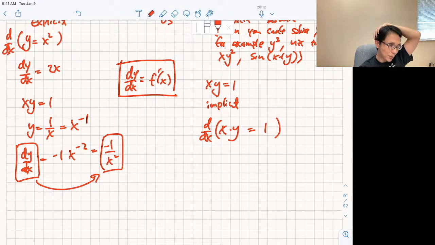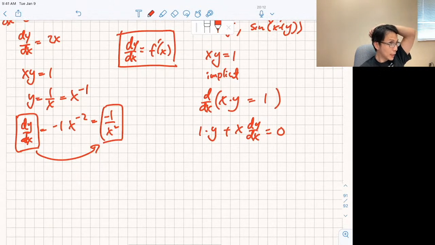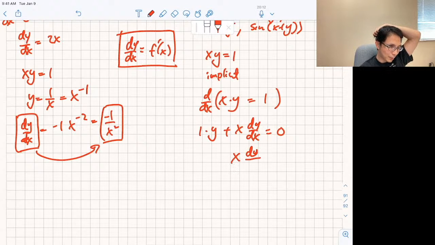In this case there's a product rule, so the derivative of x is 1 times y, plus x times dy dx, equal to 0. You probably have a lot of questions right here, and it's okay. We're not going to answer them right now. It's not because I don't want to answer, I just want to show you the difference. And you should get the same answer.